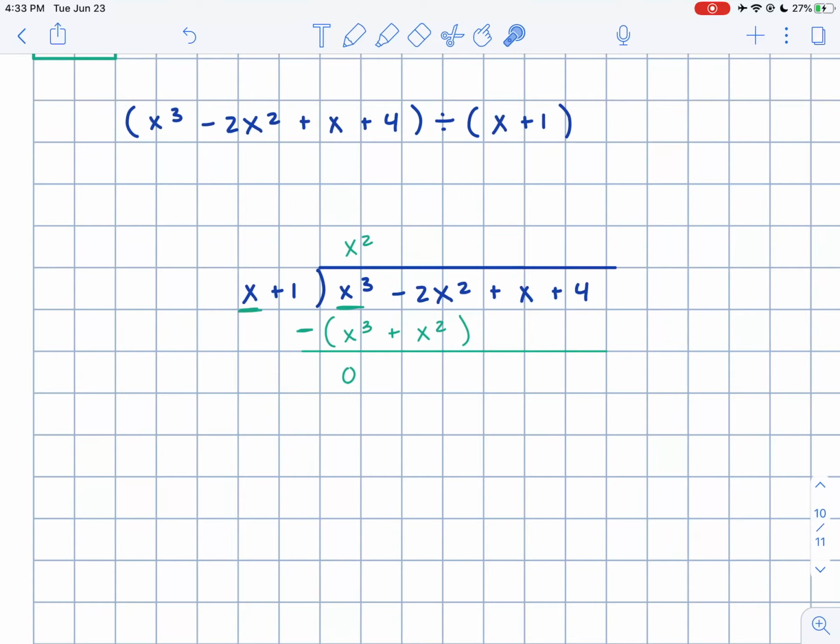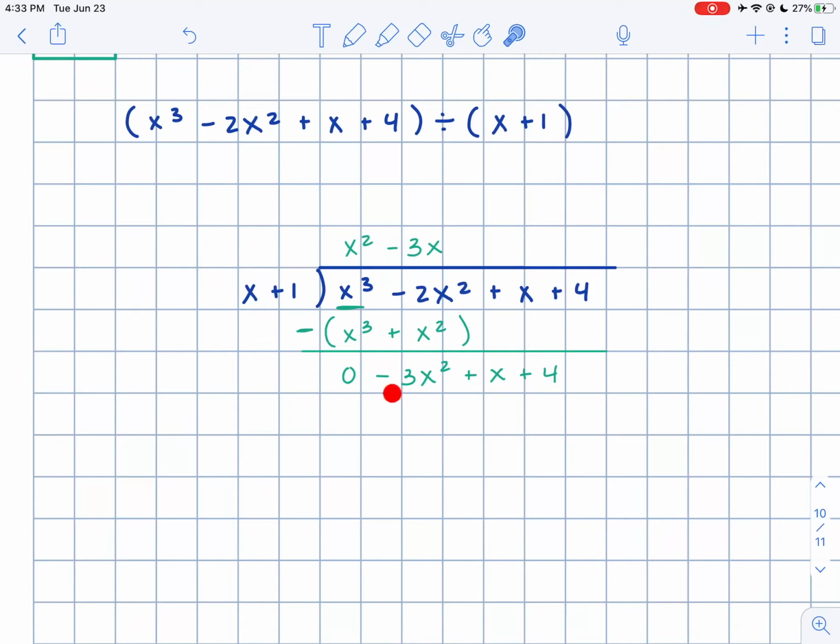Negative, this is negative 2x squared, minus x squared. So that's negative 3x squared. You have to be very careful. Okay, now let's bring down the other terms. Plus x plus 4. Okay, so now how many times does this x go into negative 3x squared? Keep in mind that it's negative. So negative 3x.